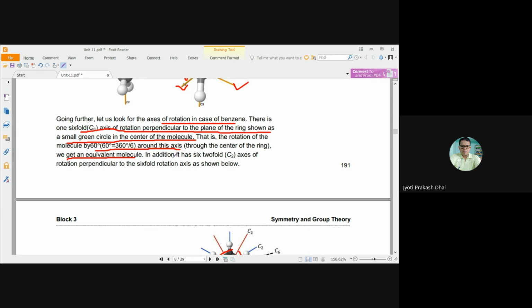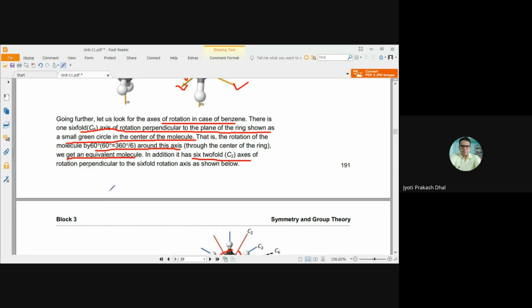In addition to the principal axis of rotation, in the case of benzene the principal axis is one six-fold axis, or one C6 axis of rotation.